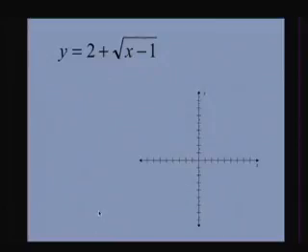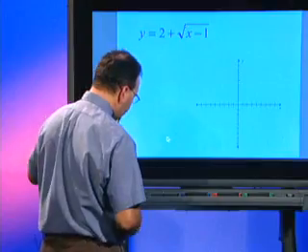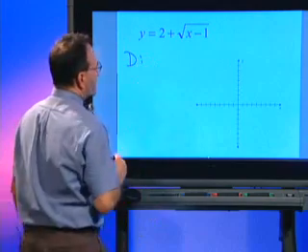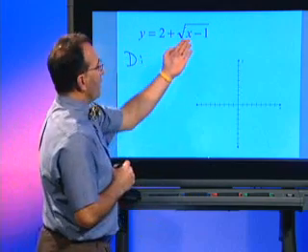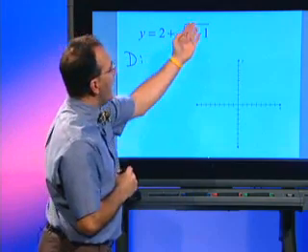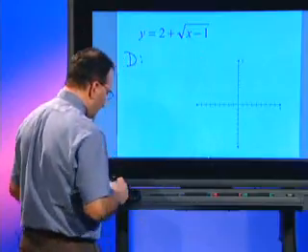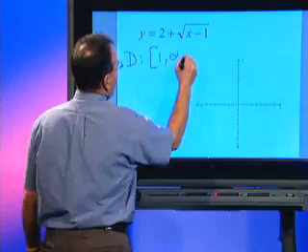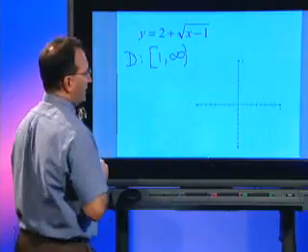Y is equal to 2 plus the square root of the quantity x minus 1. We will need to find the domain. The domain is going to be all of the numbers that we can plug in for x, and in that case, the domain is going to start at the number 1 and go up through infinity.